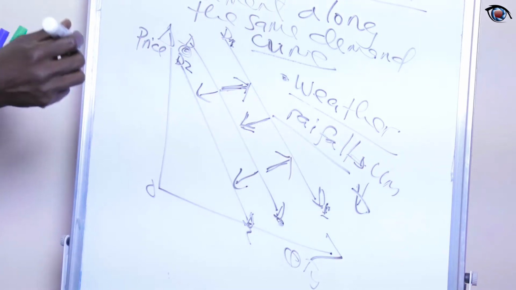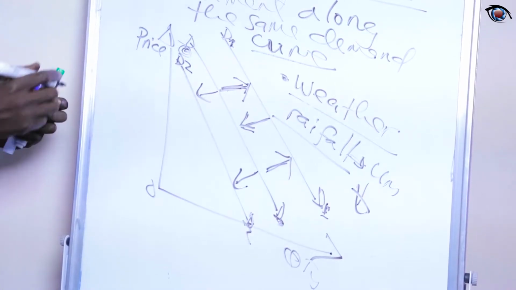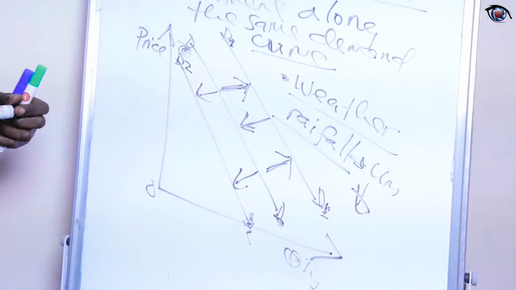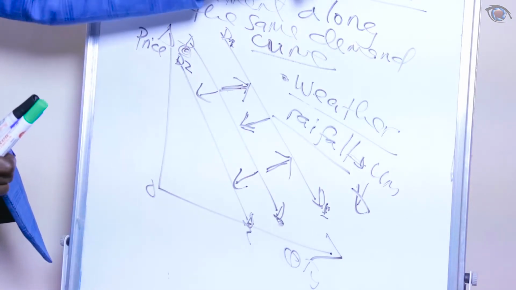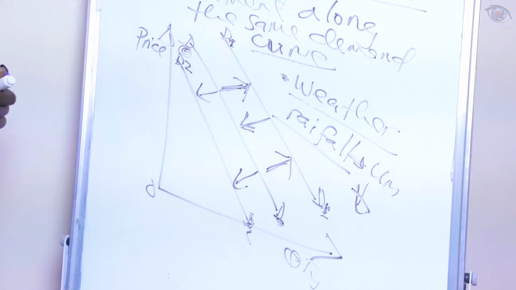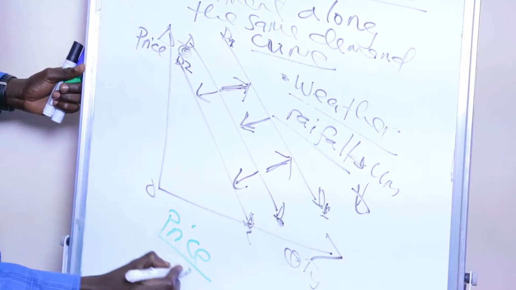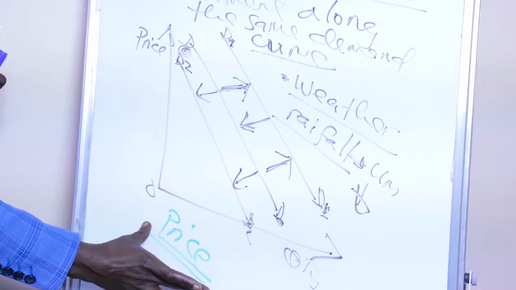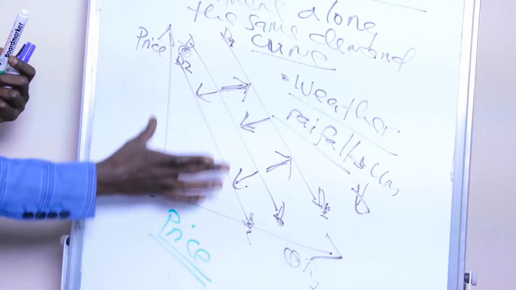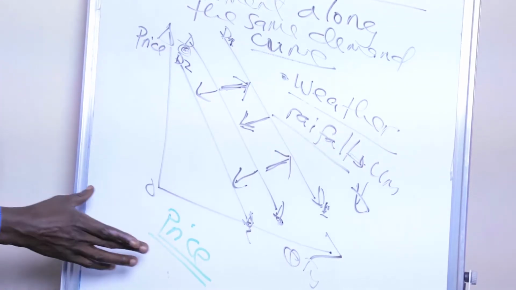The other concept under the same is the change in quantity demanded. Okay, so we are saying that change in quantity demanded is normally influenced by the price of the commodity, ceteris paribus, meaning that other factors remain constant.